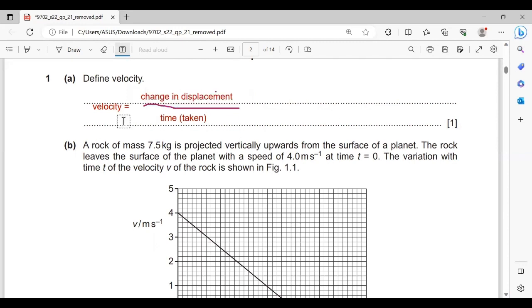Again, velocity equals change in displacement over time taken. All right, I think that is clear.